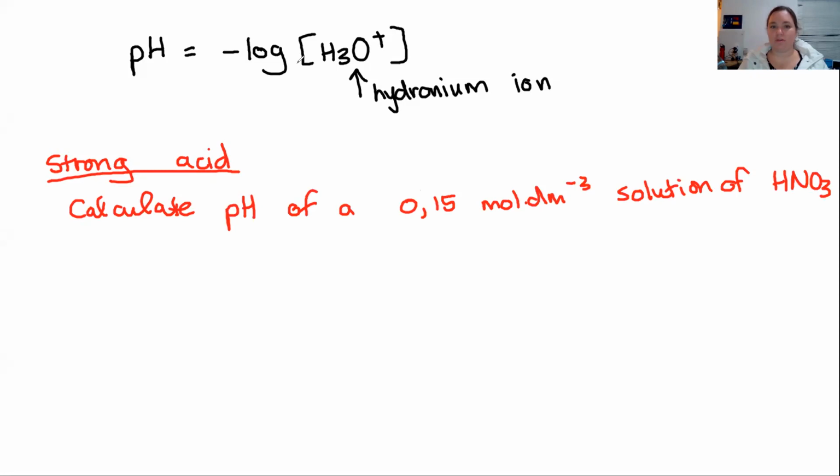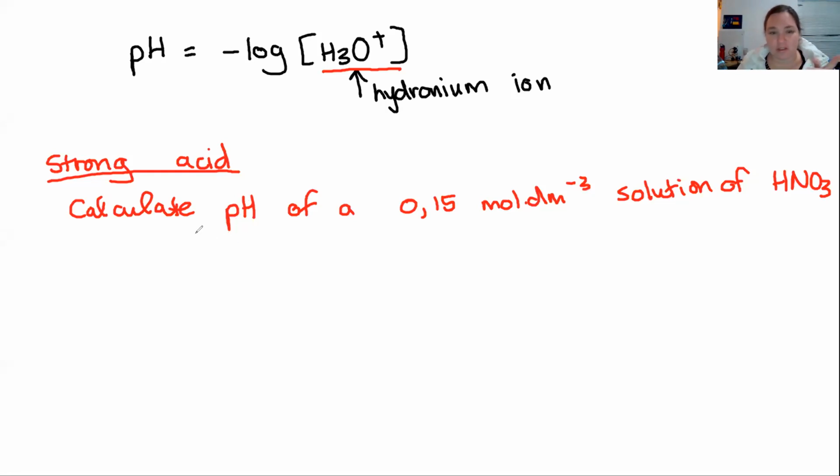All you've got to do is work out what the concentration of H3O+ is and write in your calculator negative log of that value, okay? This is where you've got to get smart about using your calculators, and you've got to realize where your log button is. If you've got a Casio, you may need to find it on your calculator. In this case, I always recommend the following steps.